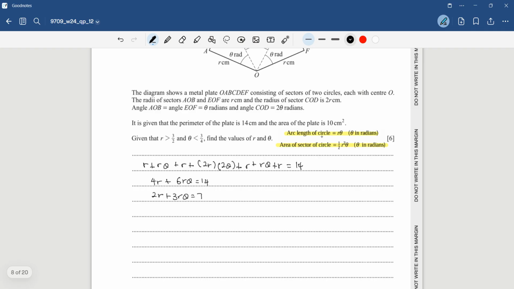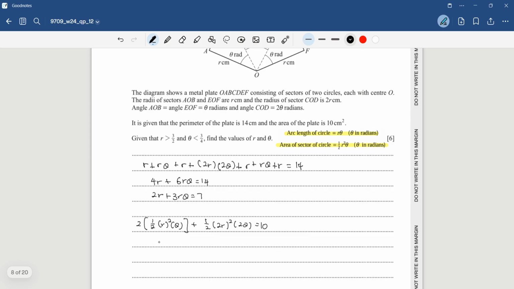And for the second equation, it's going to be area. So area of the plate is 10. So here I got 2 small sectors. So for the small sector, 1 over 2 R squared theta. And since I got 2, I just multiply this with 2, plus 1 over 2 times the big sector, (2R) squared times theta, is equivalent to 10.